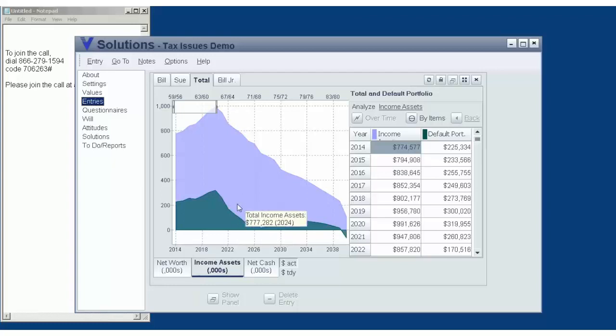And the reason is we can have income-producing assets like rental properties that would make the blue look quite good. But that doesn't mean the rental properties are throwing off enough income for us to actually meet our spending needs. So it's possible to have the value of the assets look quite positive, but the cash in the bank to actually go negative.